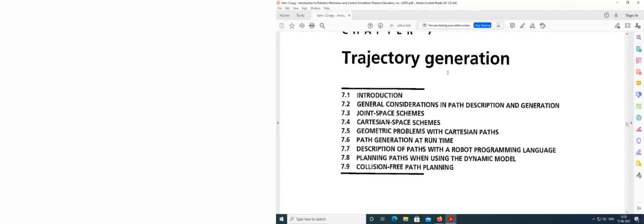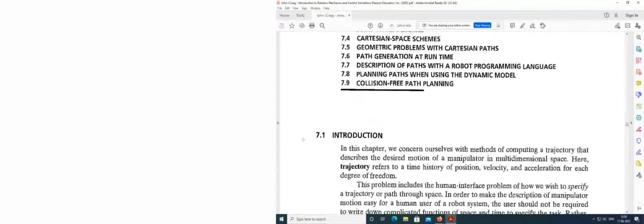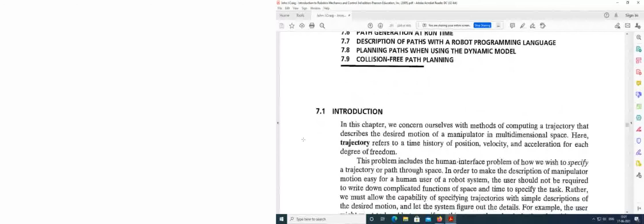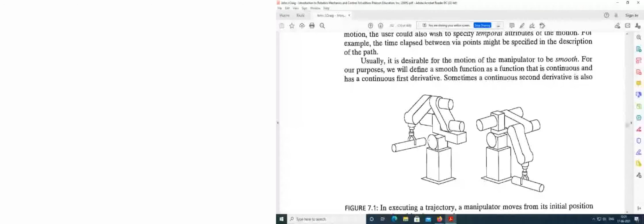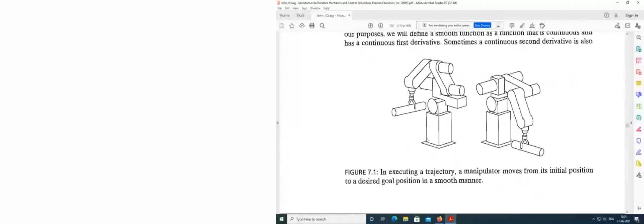But before that, while we choose, we need to consider certain things. As we discussed in the inverse kinematics, it can have multiple solutions. We need to choose one of the solutions, and accordingly we need to choose our trajectory planning.